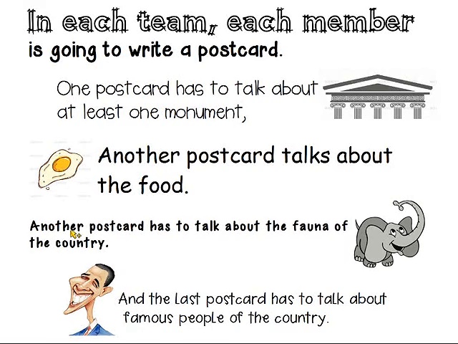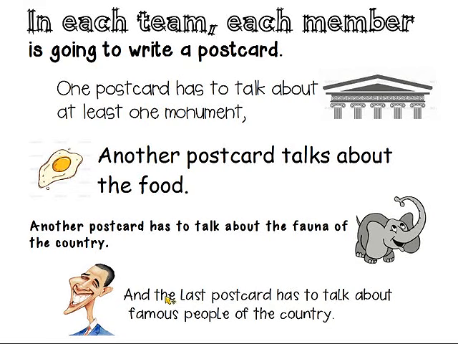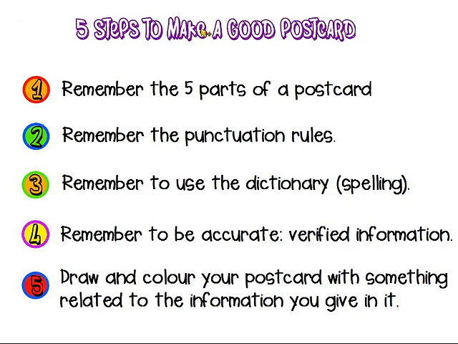Another postcard has to talk about the fauna of that country or of that city maybe. Okay? And finally, the other postcard has to talk about famous people of the country. For example, who is this? This is Obama. Yes, President of the United States of America. So Obama. Good.